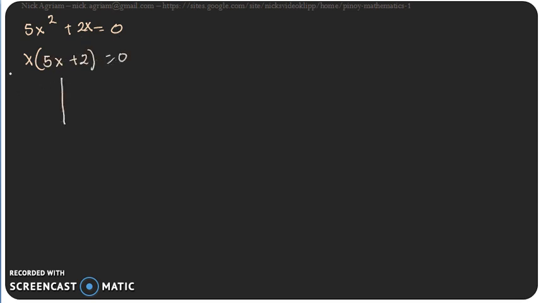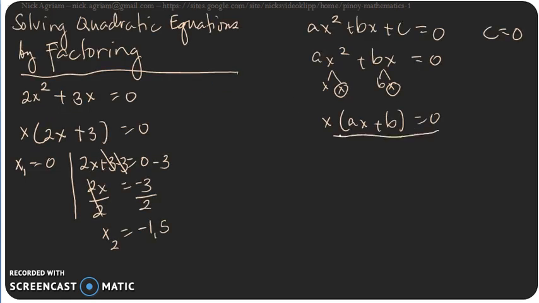And then we separate the factors. We have x sub 1 is equal to 0. If your equation is in this form, then one of the factors is always equal to 0, as you have seen here.